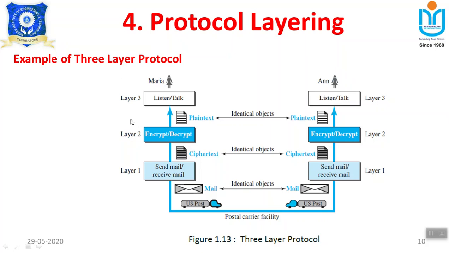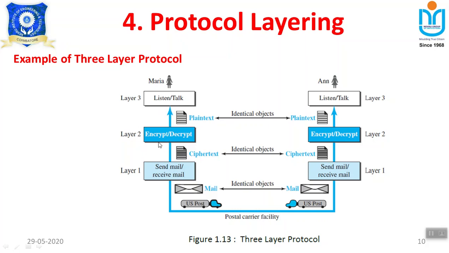So this is a simple example to understand the 3-layer protocol. If direct communication is there, then we don't want any protocol, we can simply use it. But here it is complex. What is the meaning of complex here? Here we want to put the person into listen or talk mode, and this is one method.